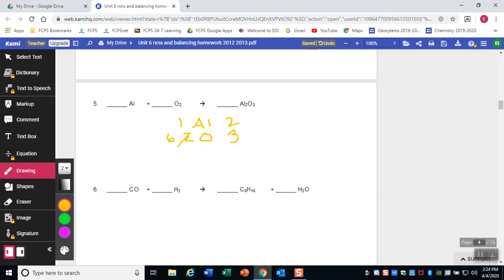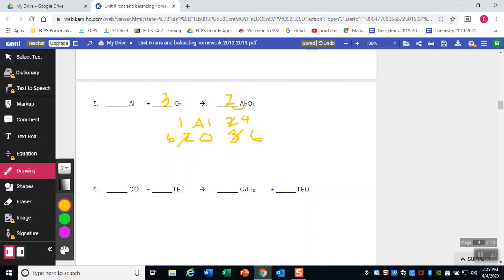2 times 3 is 6. And then over here, I want to have 6, so it's going to be 3 times 2 is 6. Let's see. Over here, 2 times 2 is 4. Now I have 4.